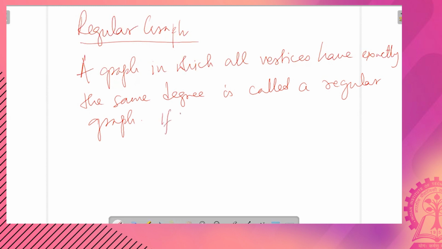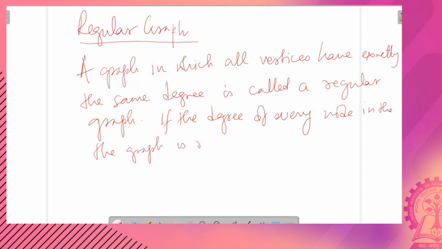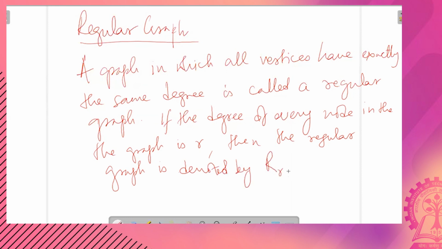So say if the degree of every node in the graph is R, then the regular graph is denoted by R. Looking at the last two special types of graphs, we can always say that Kn is a regular graph.